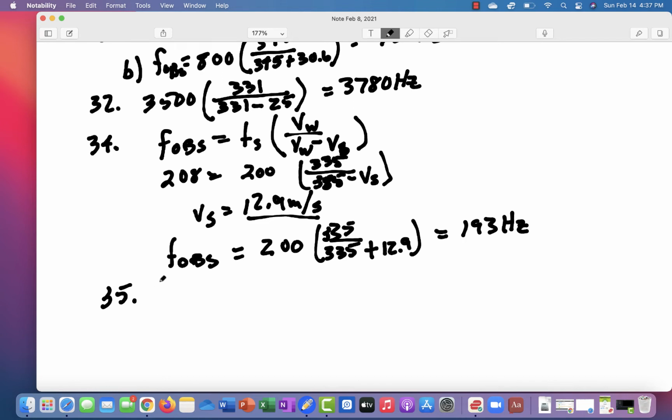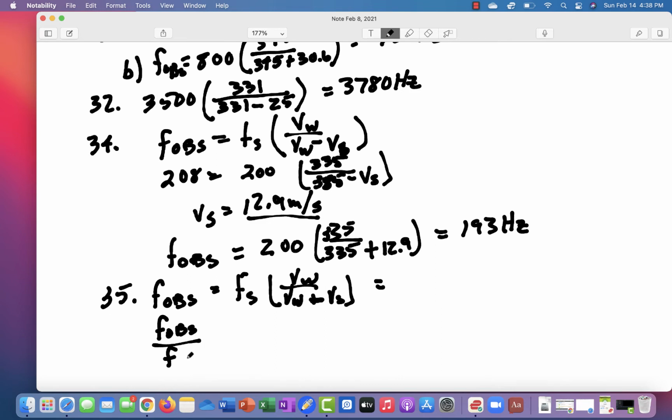Okay, so 35 says, F observed is equal to frequency of source times Vw over Vw, and in this case it's coming towards you, so minus Vs. You don't know the tuning fork frequency, so the question is, is F observed over Fs going to be greater than 0.3%?